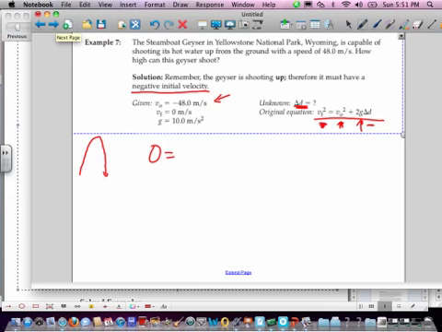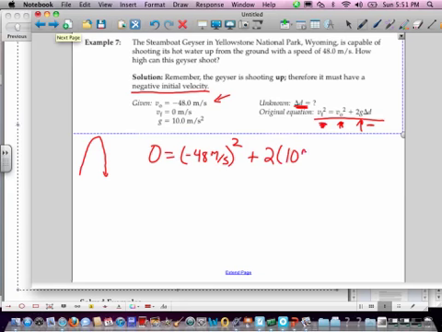And I get negative 48 meters per second, squared. Notice that it doesn't really matter here that you put it in negative. Then 2 times 10 meters per second squared, and we're solving for d.